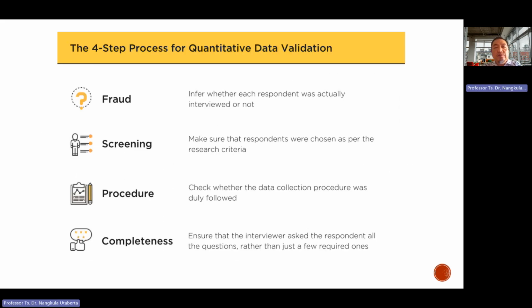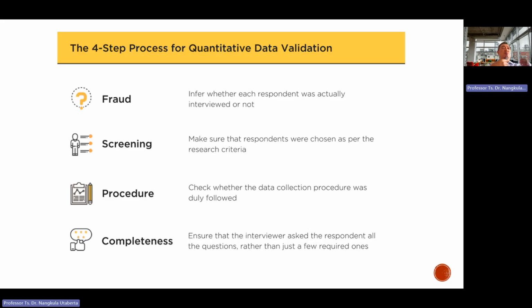So when you finish your data collection and your data analysis, then you need to do what we call quantitative data validation. Quantitative validation means that number one, you need to do a final check. Normally, when we finish everything, we bring in an expert.